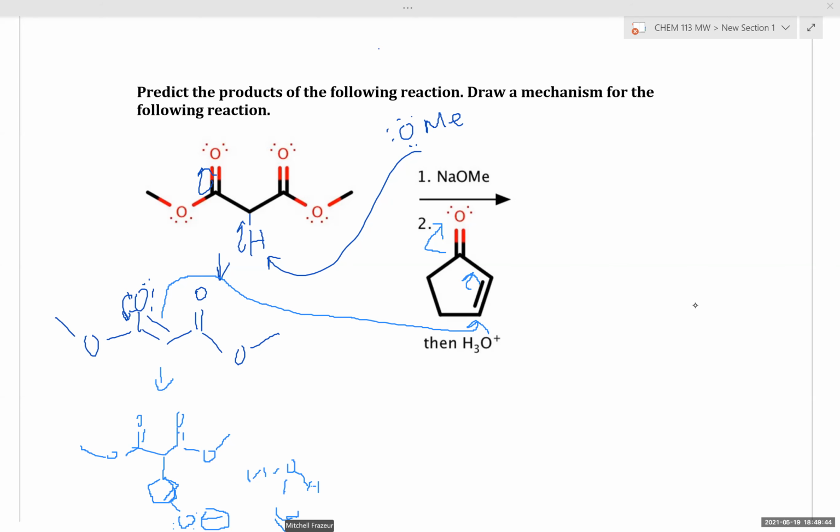So from here, we'll isolate our neutral conjugate addition product via protonation of our enolate. Yep. So the student proposed mechanism looks great. Let me just re-annotate.